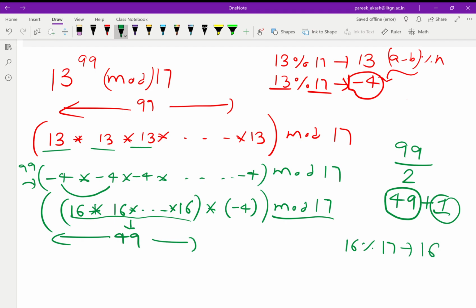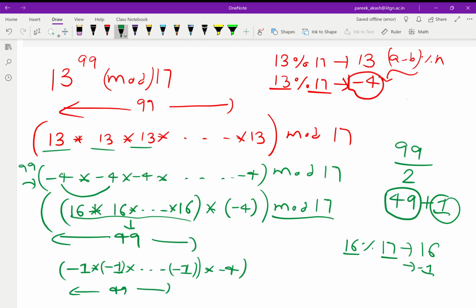Either it will be 16 or we can say 16 minus 17, that is minus 1. So let us write minus 1 into minus 1 into dot dot dot minus 1. We are writing minus 1 49 times, into minus 4, and we are doing this mod 17.